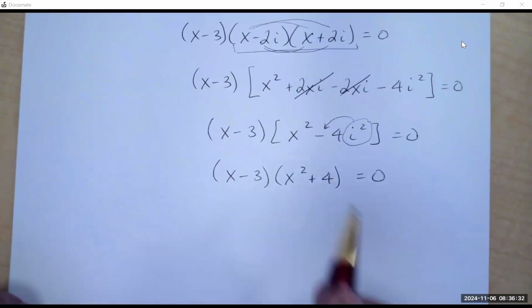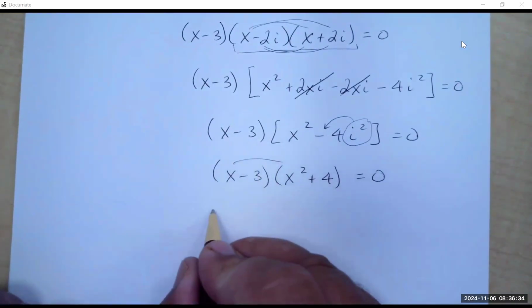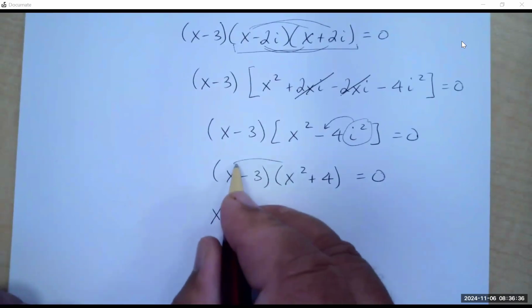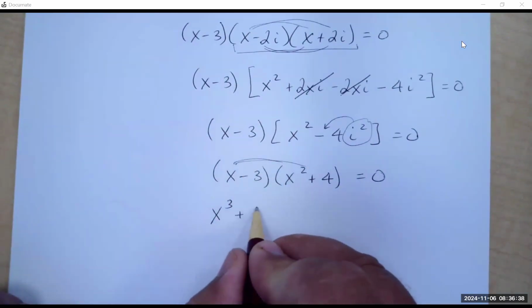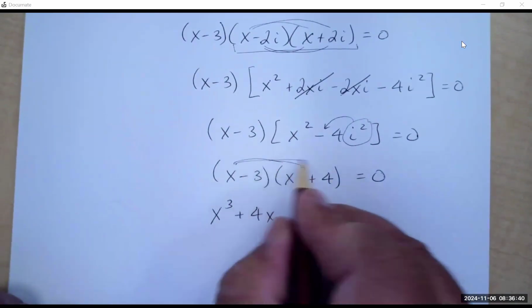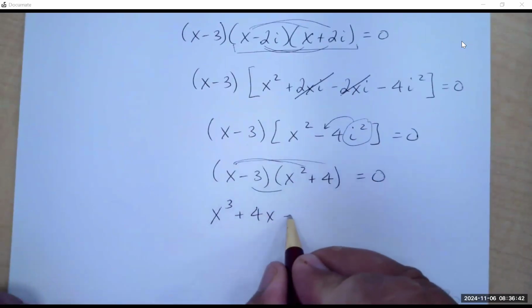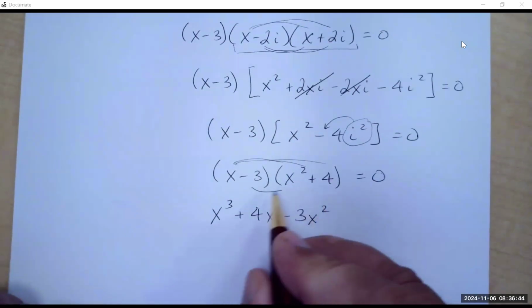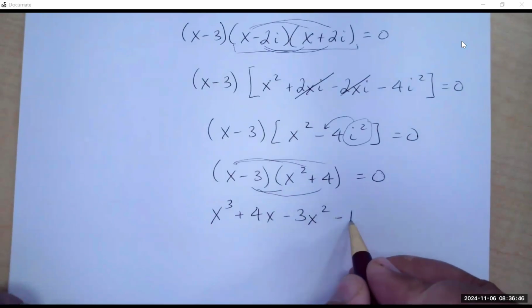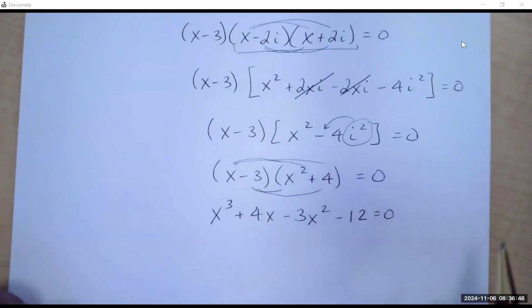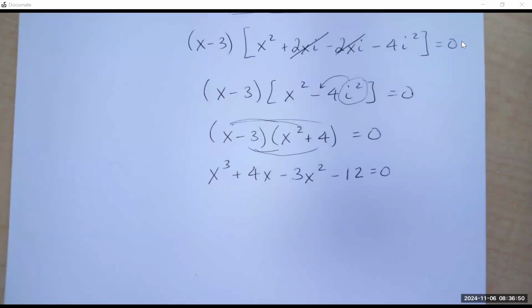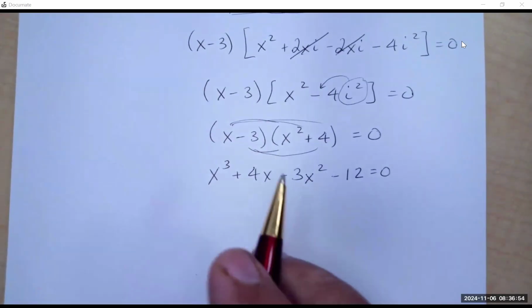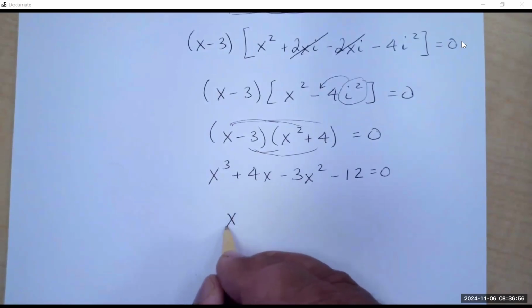Now we multiply those together. Again, this should be second nature to you. Hopefully you've practiced this enough. Minus 3x squared, 12 equals 0. Rearrange them in decreasing order of degrees.